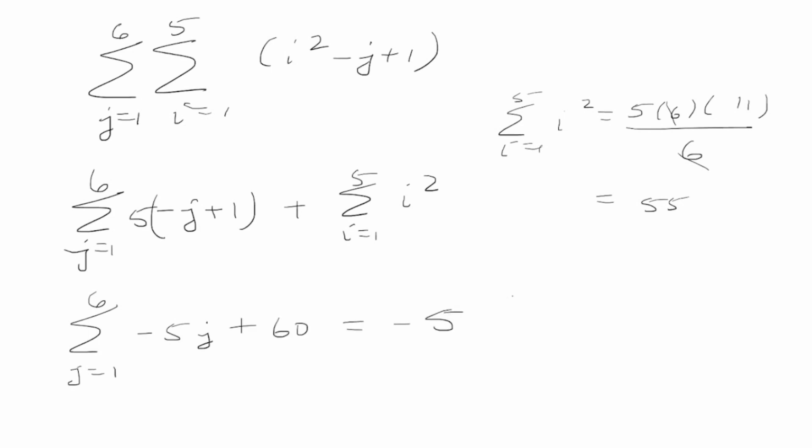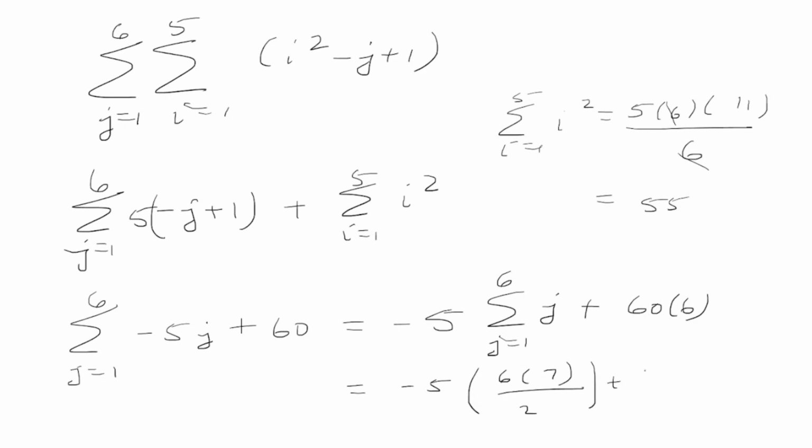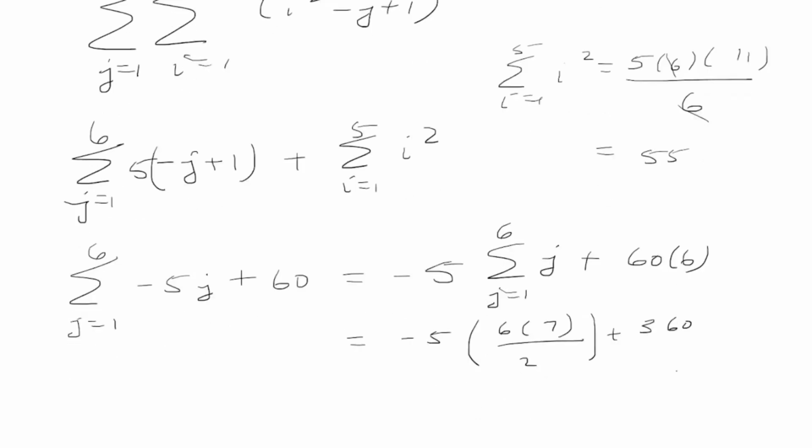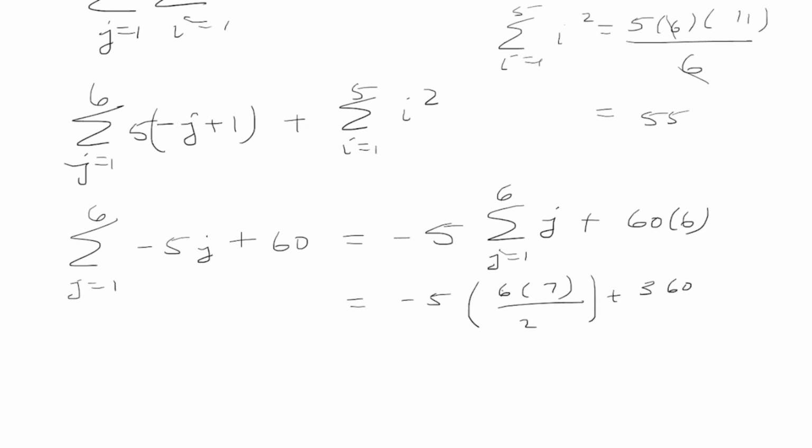And I can factor out the negative 5, sum from j equals 1 to 6 of j, and then the 60 is a constant, so I could just do 60 times 6. And now I'm going to have 6 times 6 plus 1 over 2 plus 360. Now 6 over 2 is 3 times 7 is 21 times negative 5 is negative 105 plus 360, and that's going to give us the same answer of 255.